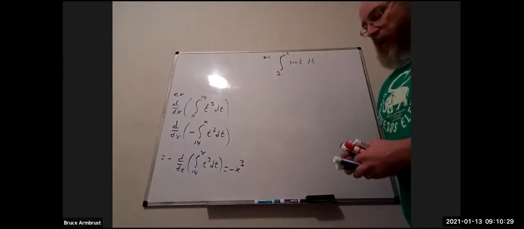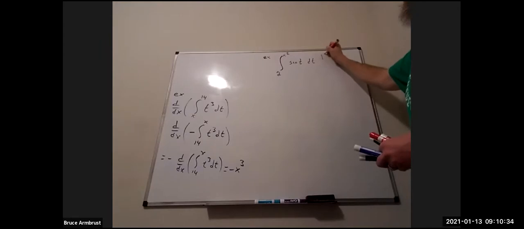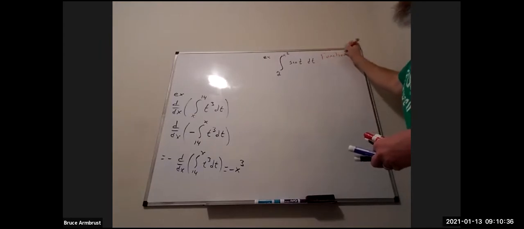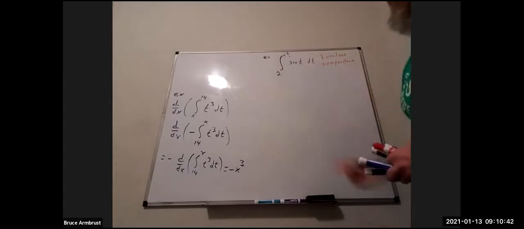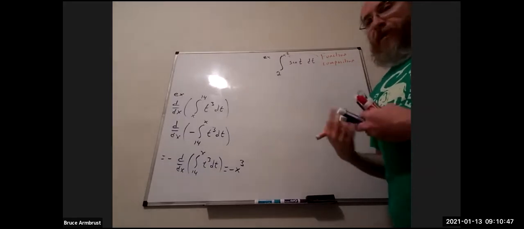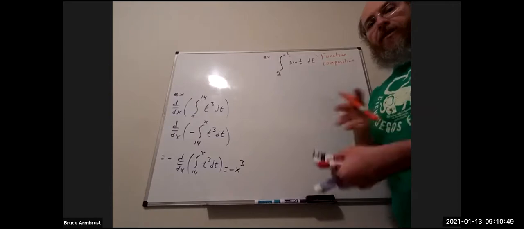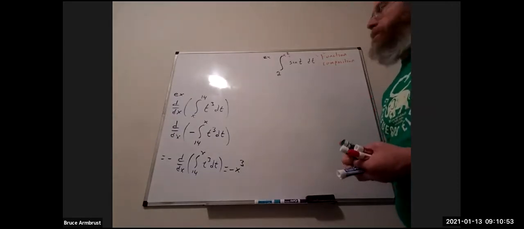Because of the fact that this is x squared, what we're really doing is function composition. I'm putting another function, x squared, into this other function, the integral.